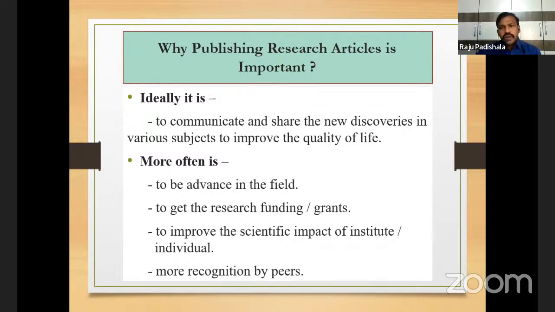ICSSR grants are allotted, and UGC also gives grants for research, based on the quality of the publications. It also improves the scientific impact of the institute and the individuals, and gives more recognition by peers.